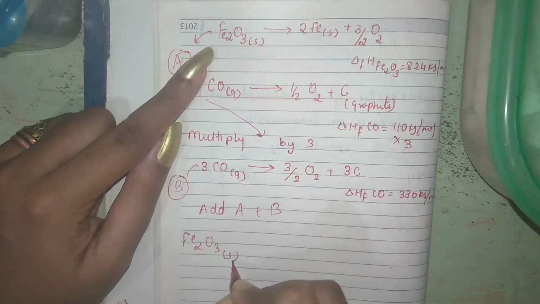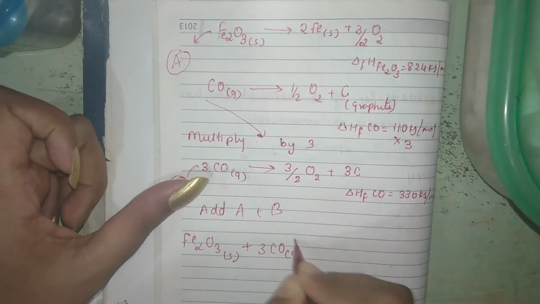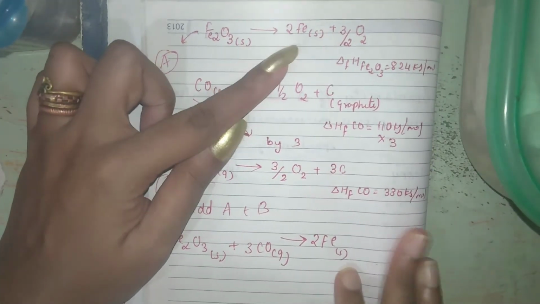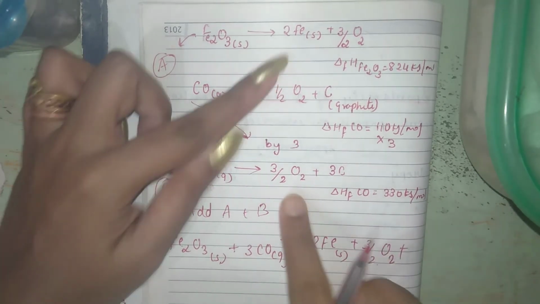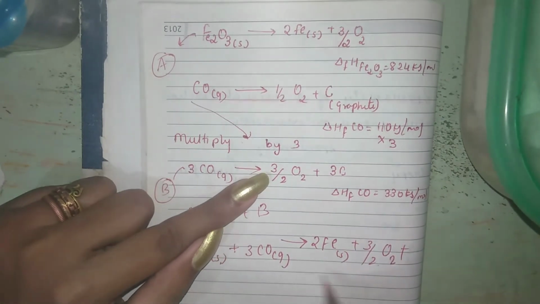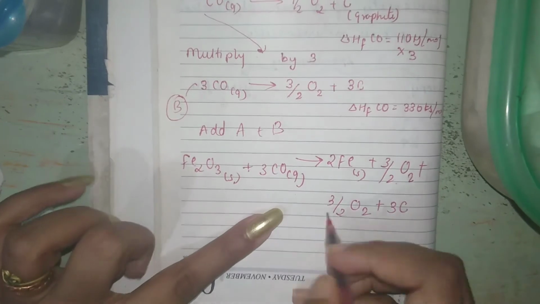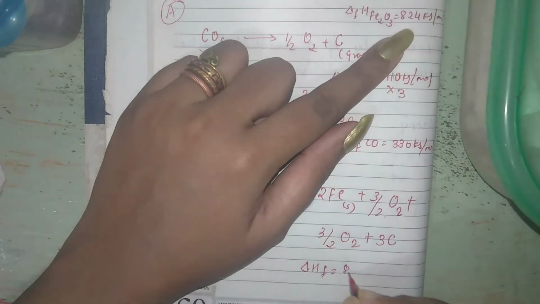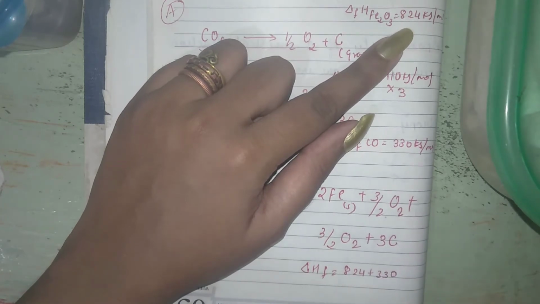So what you will get is Fe2O3, which is solid, plus 3 times CO, which is gas, giving 2Fe solid, plus 3 by 2 O2, plus 3 by 2 O2, plus 3C, and the enthalpy change will be 824 plus 330.